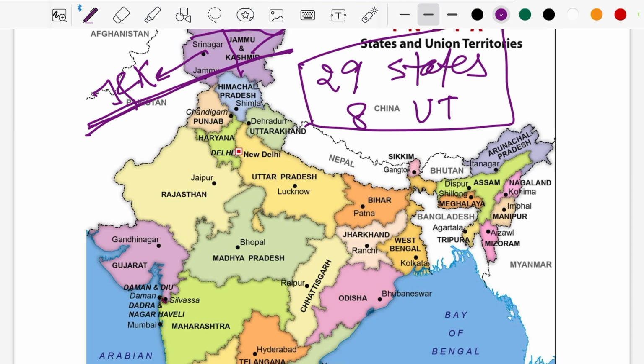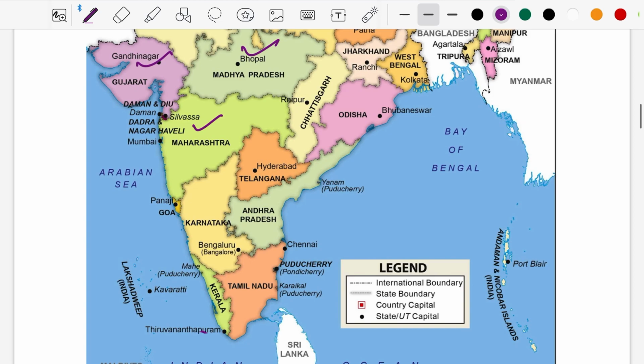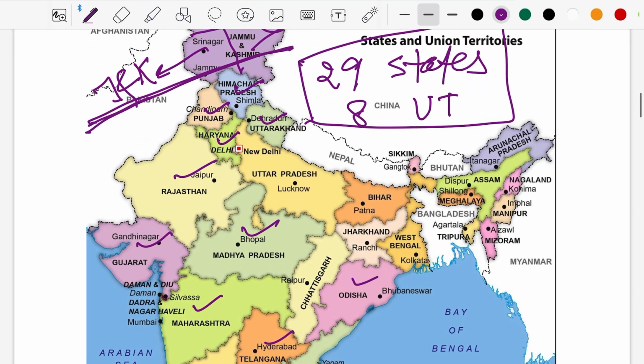First it is Himachal Pradesh, then Punjab, Haryana, Uttarakhand, Rajasthan, Gujarat, Madhya Pradesh, Maharashtra, then Goa, Karnataka, Kerala, Tamil Nadu, Andhra, Telangana, Odisha, Chhattisgarh, Uttar Pradesh, Bihar, Jharkhand, West Bengal, Sikkim, Assam, Arunachal Pradesh, Nagaland, Manipur, Meghalaya, Tripura, and Mizoram. These are the 29 states.